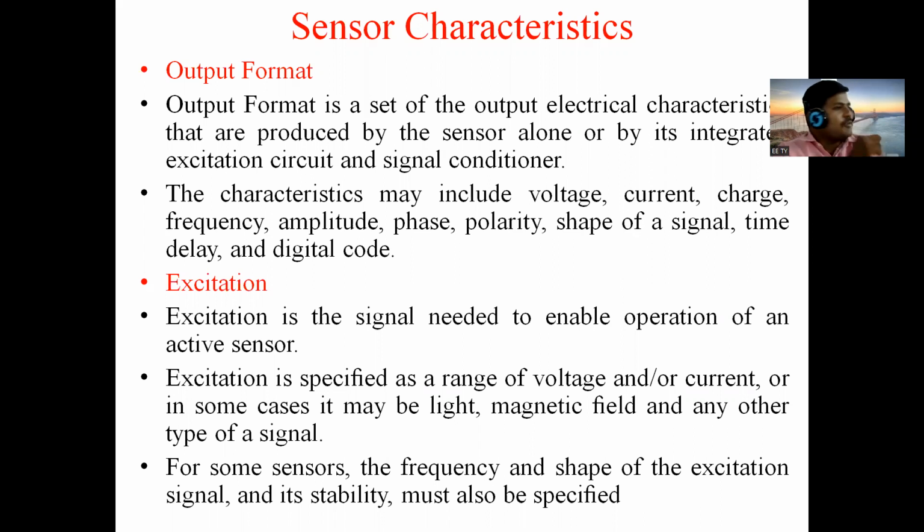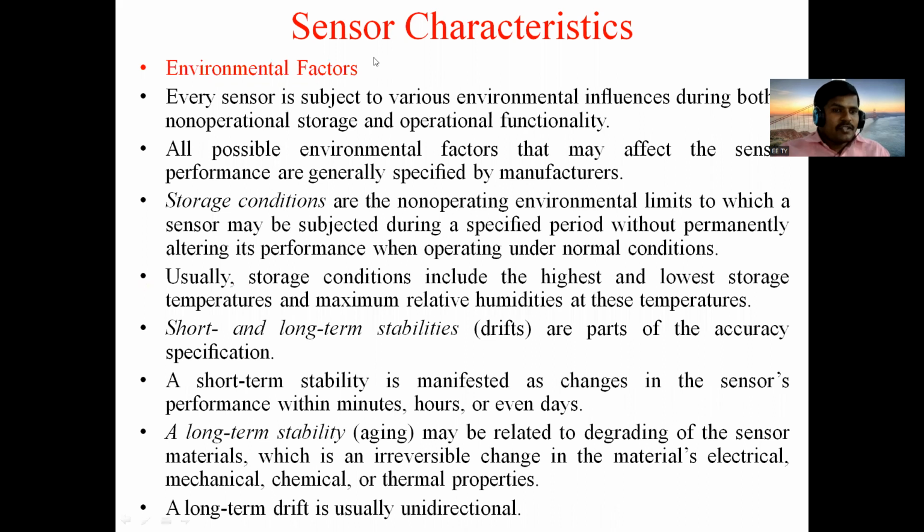So this is the concept of stability. So here the stability is also represented, and the signal excitation and shape of frequency are also specified. So this is one characteristic we want to understand, that is, the excitation signal.